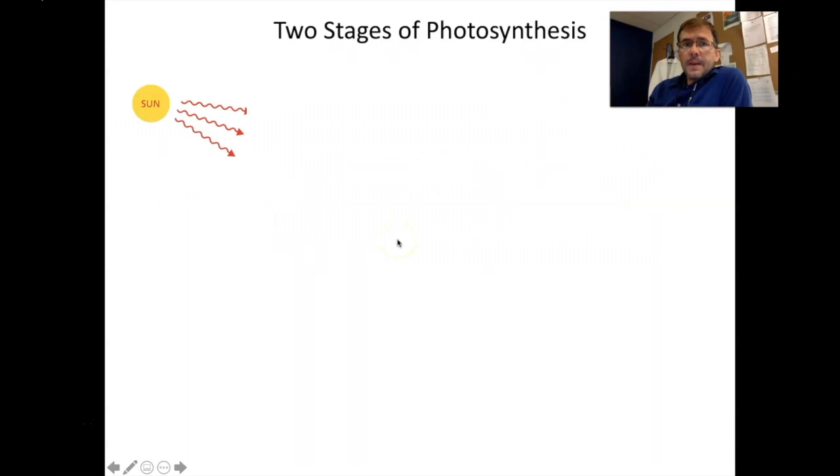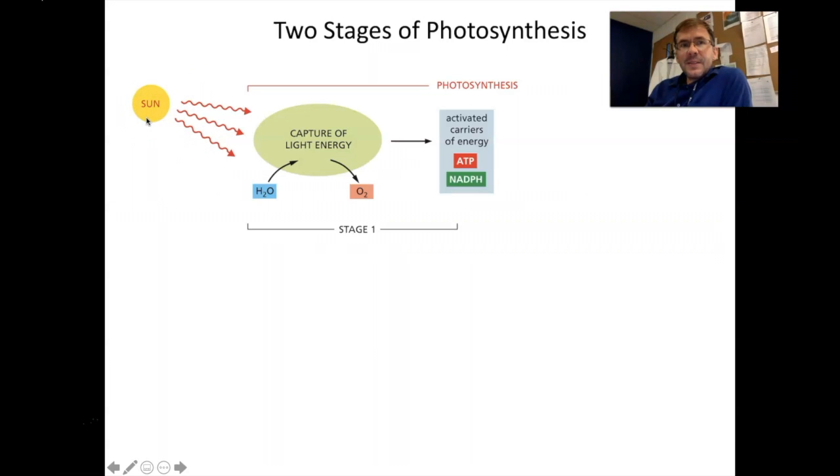Okay. So here we have an example of sunlight striking some sort of photosynthetic organism. At the cellular level, there are molecules that can absorb some of those photons and orchestrate a response with the input of these photons to split water and generate what are called activated carriers of energy.